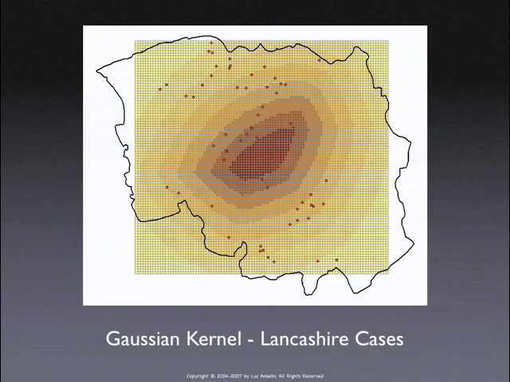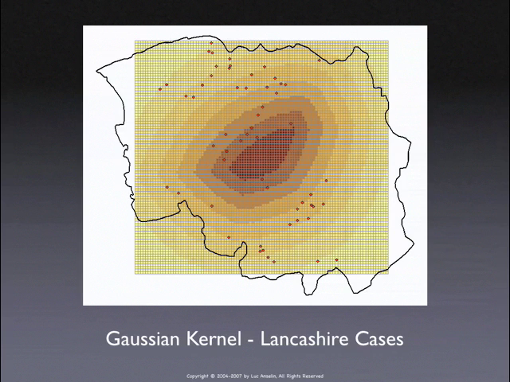Now, what we see here is a very weird pattern. Dark is high. What do you think is going on here with this kernel? It's a very strange pattern. It's actually not concentrated here. There aren't any points here.